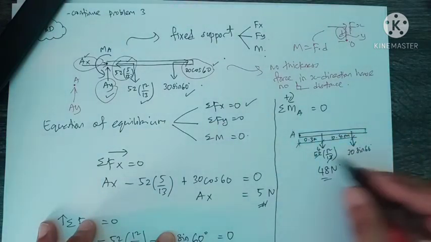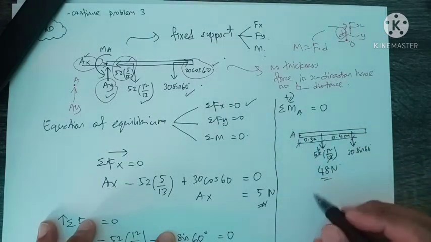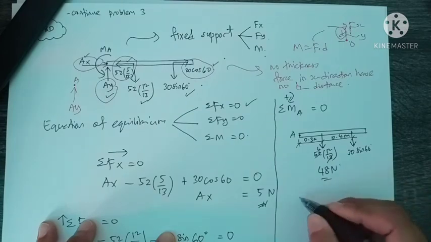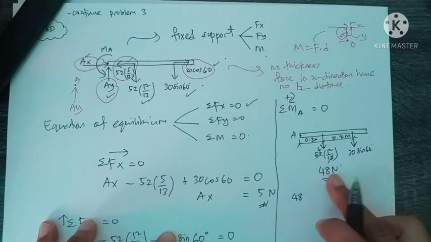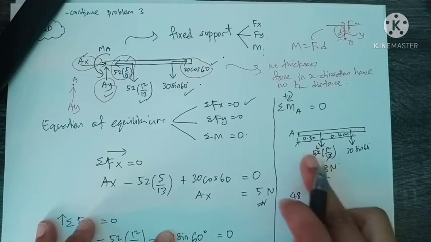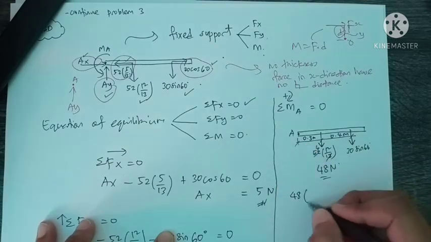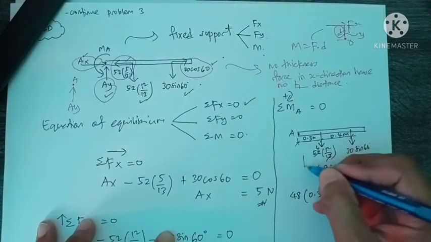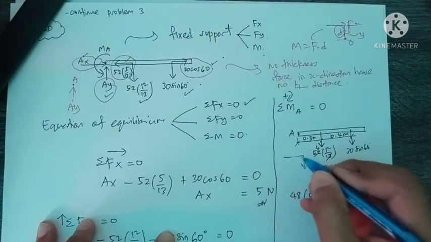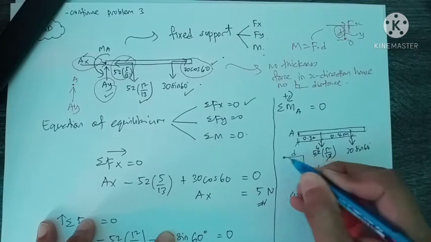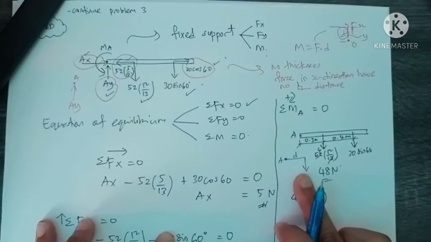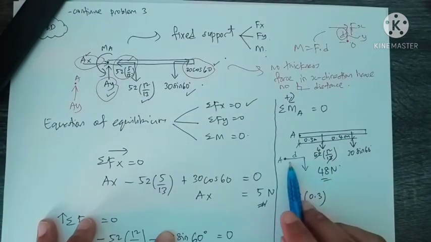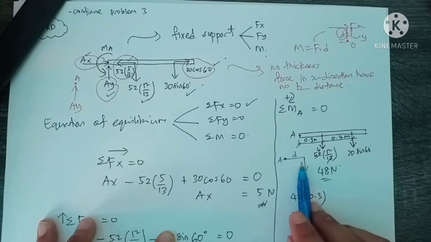So, continue with the summation of moment at A. Firstly we have the 48 Newton force times 0.3. So force times perpendicular distance to the point of rotation: here is 48 Newton, here is 0.3.